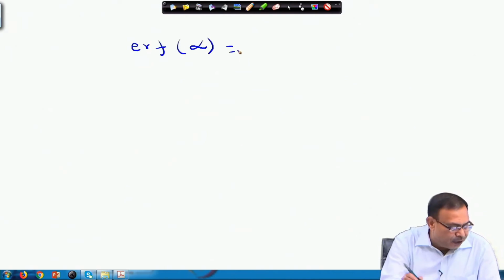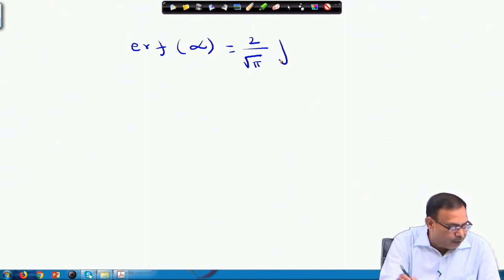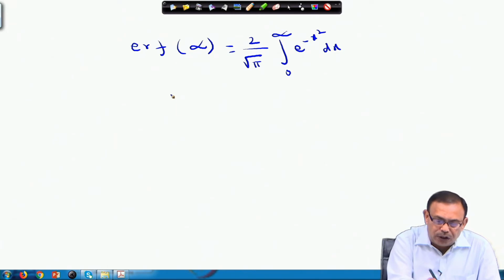At t equals infinity, what happens? 2 by root over pi, so it will be integral 0 to infinity e power minus x square dx. And this equals 2 by root over pi.